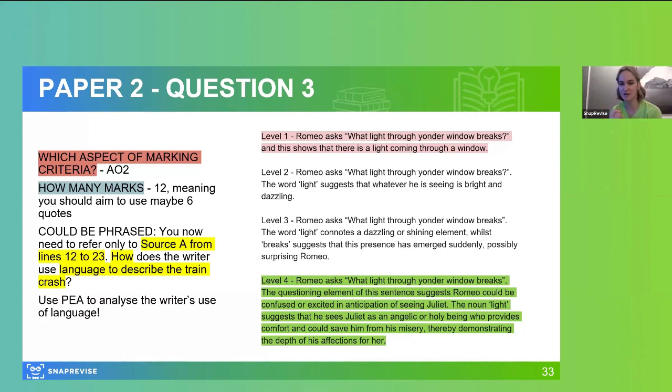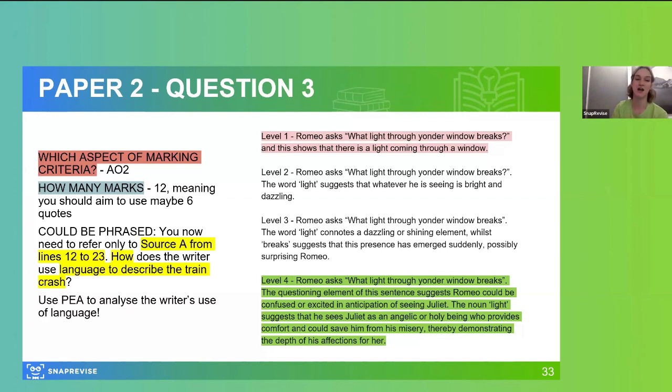Even though I've put it as a full stop and I haven't included a question mark, always remember your grammar. Even though it's a question, it suggests something to you about his state of mind, the personification of Juliet as the light, or in the next sentence as the sun, suggests how he's thinking of her as something angelic and holy, and how that contrasts with what we already know about Romeo, and the depth of his affections for her.